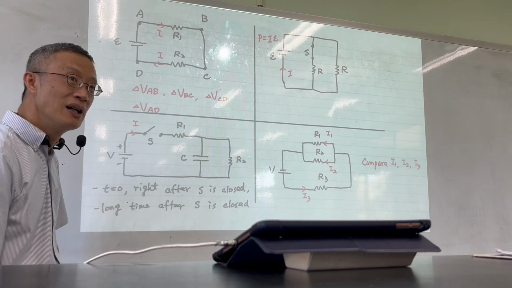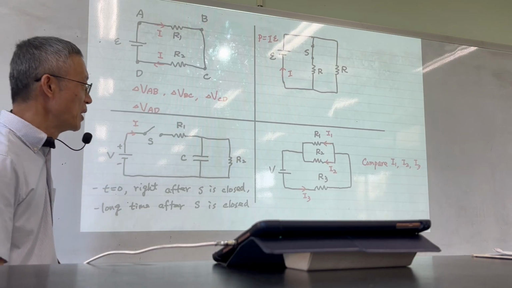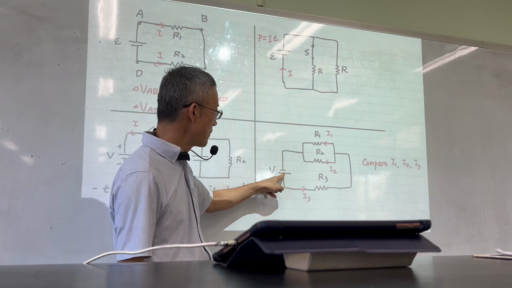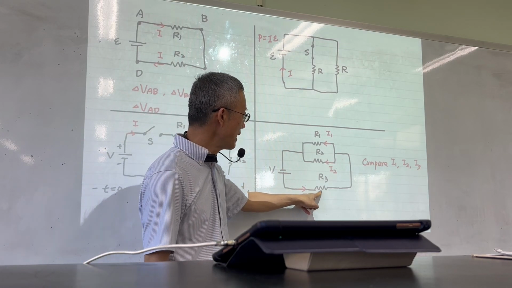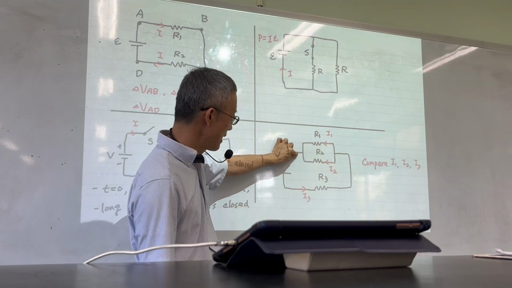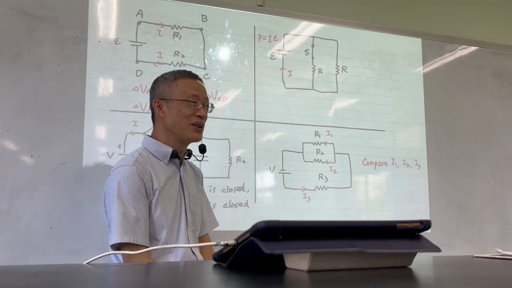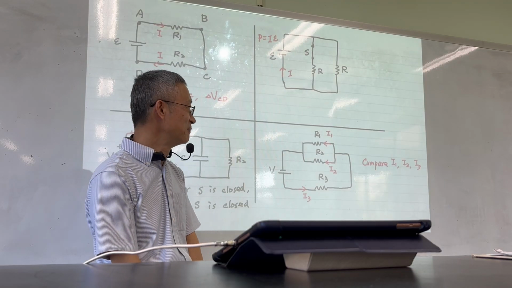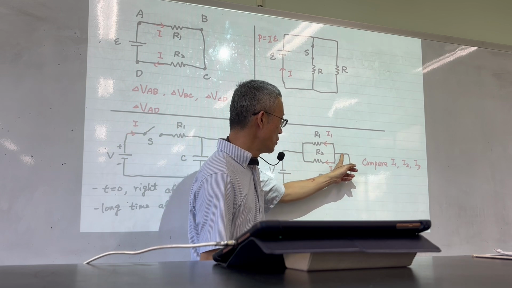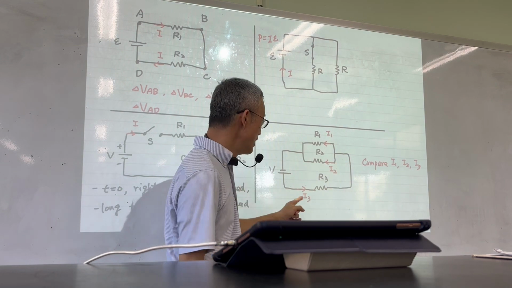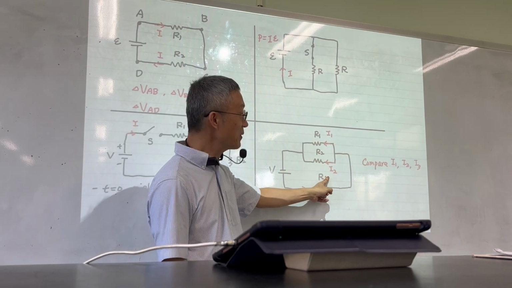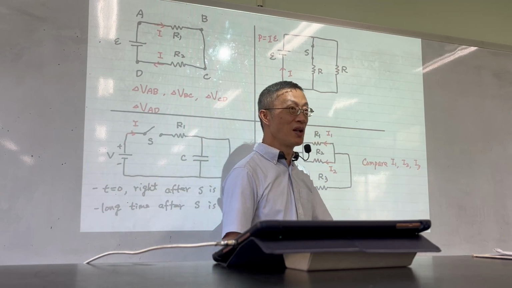You don't need to memorize the formula. For this circuit, current comes from the positive side going through R3 and then splits into two parts, R1 and R2 combined together. Compare I1, I2 and I3: which one is the largest, which one is the smallest? From Kirchhoff's junction rule, I3 equals I1 plus I2, right? So I3 will be the largest.